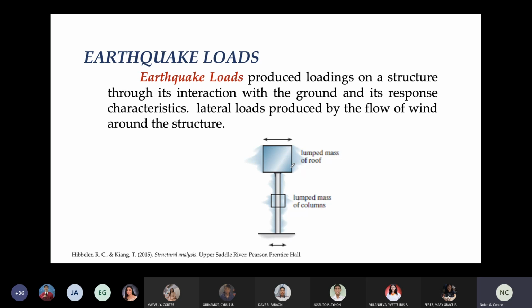Because later, if you compute yung earthquake loads ninyo sa inyong earthquake engineering, it is dependent on the mass na mako-compute ninyo. Okay? Pag malaki ang mass, malaki din ang earthquake load. And so, again, if you want the building to be earthquake resistant, as much as possible, the elemental components of the structure must be light. No, magagaan lang dapat.